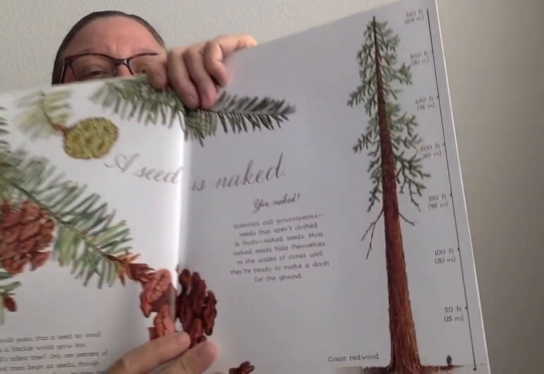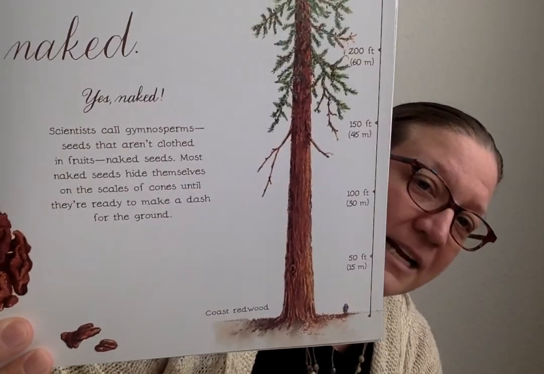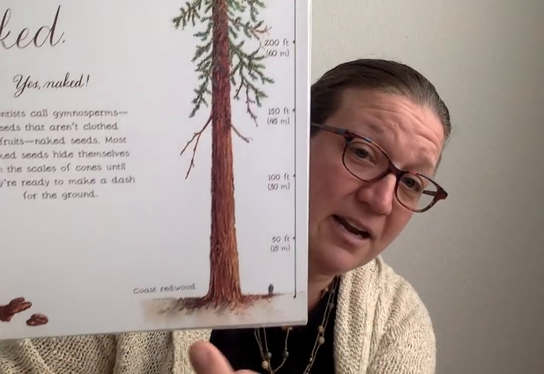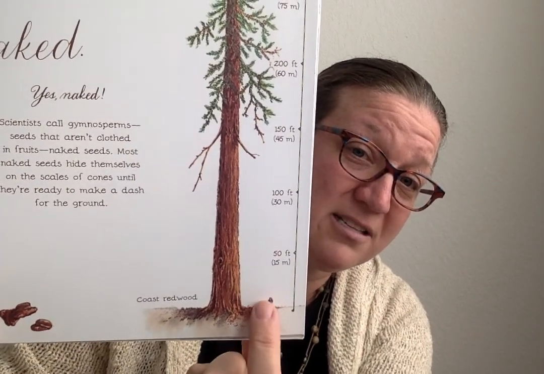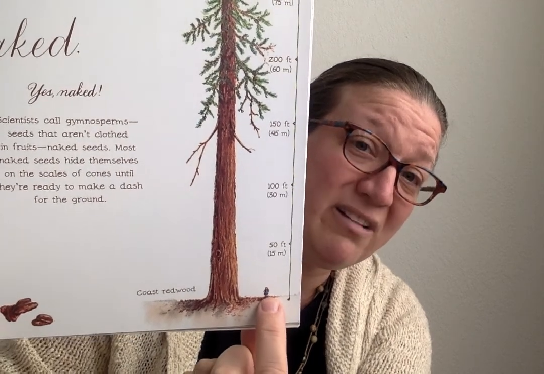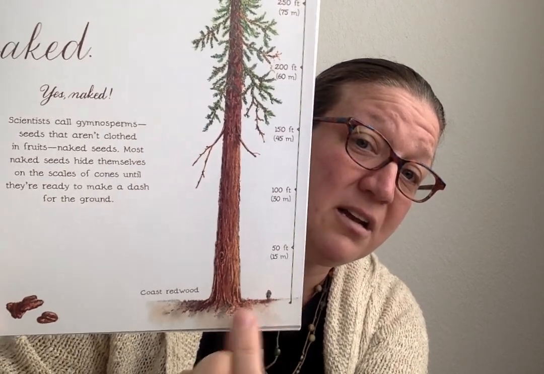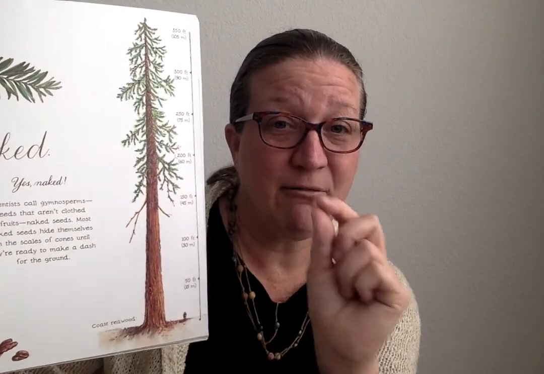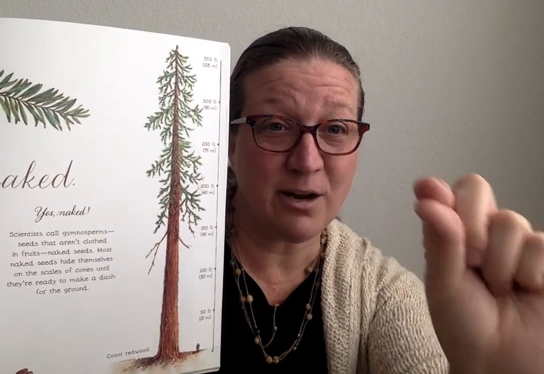I want you to take a look at this. That tiny little naked seed grows. This is a person. In real life size, this would be a person. This is how tall the tree grows. Guys, that's 350 feet tall. That's amazing. From a tiny, tiny little seed that could fit inside your little fingers, giant tree.